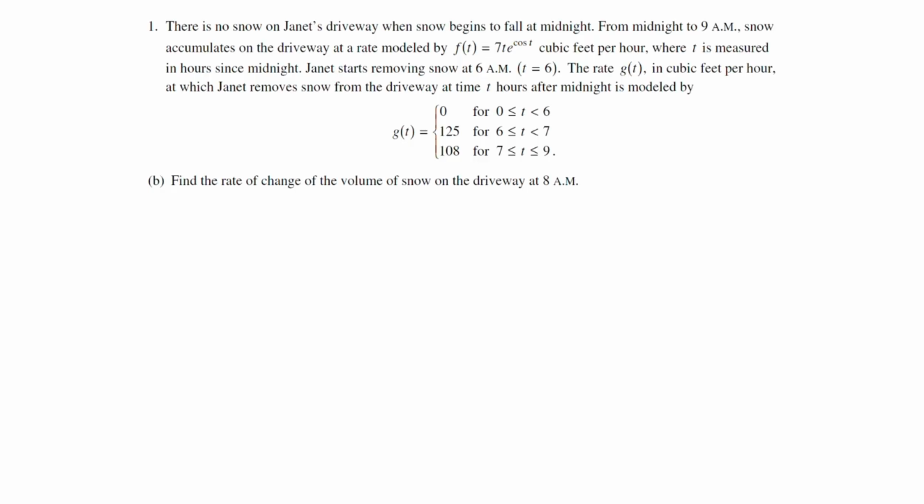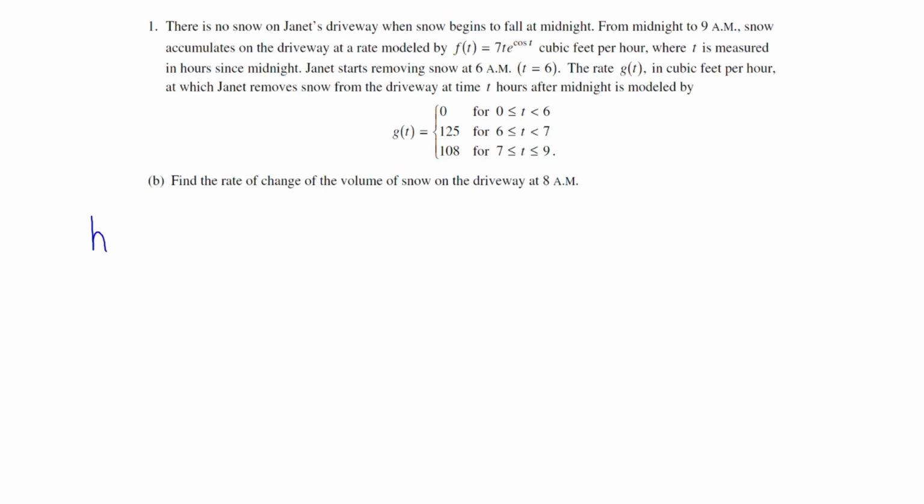In part B, it asks what the rate of change of the volume of snow on the driveway at 8 a.m. is. If we had a function that represented the amount of snow on the driveway, since we've got f and g, let's call it h.